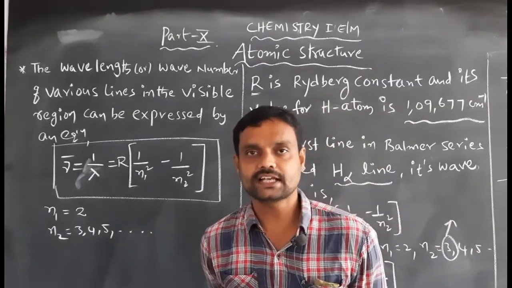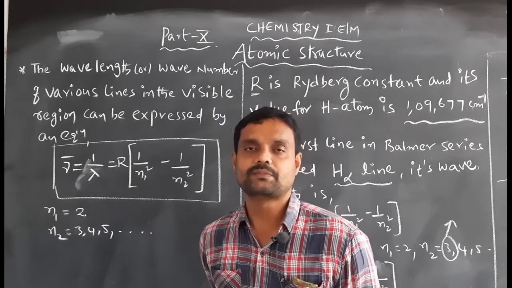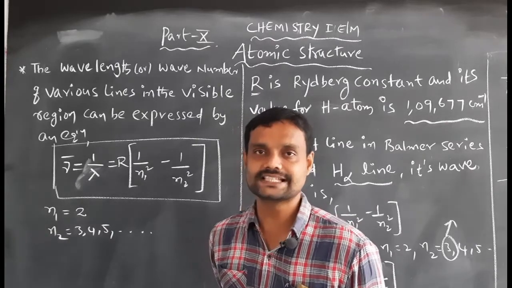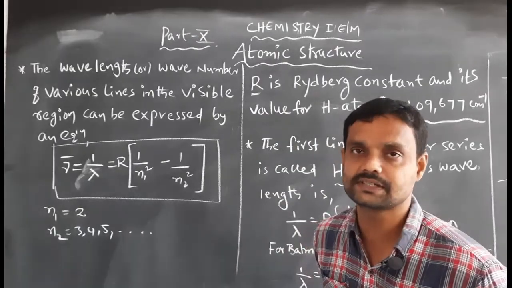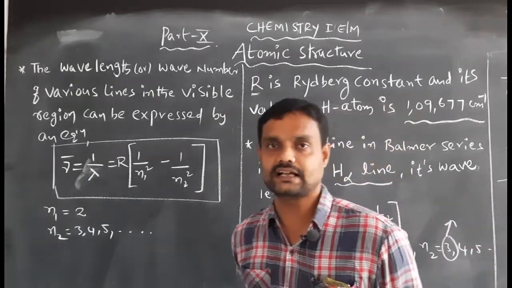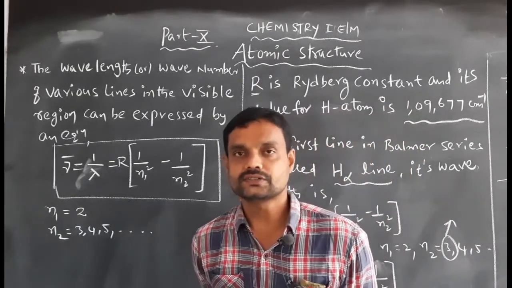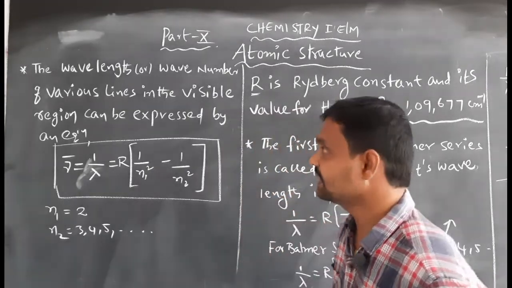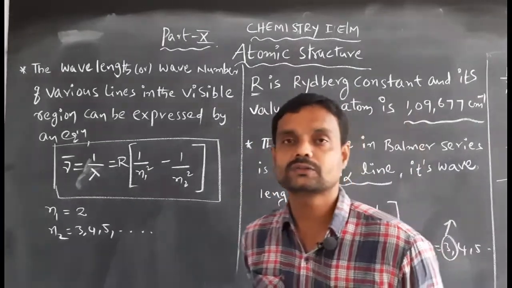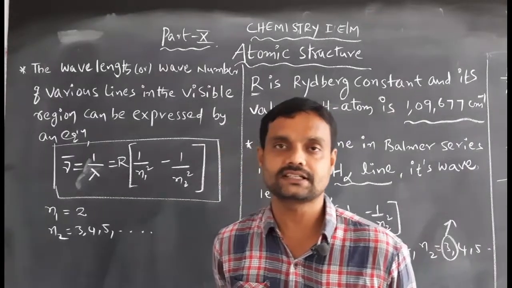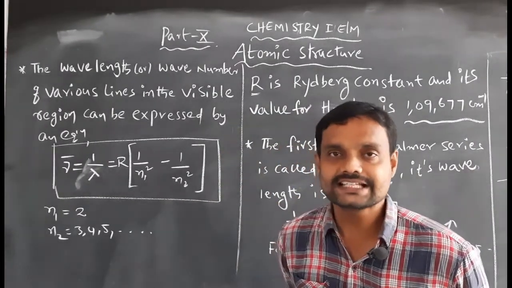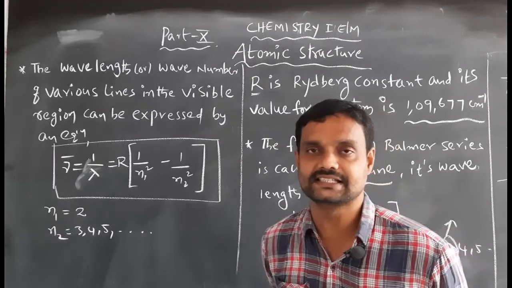Among these five series, the Balmer series is visible. It appears in the visible region, which means it can be seen by the naked eye. Today we are going to discuss how the wavelength or wave number can be calculated for the different lines present in the Balmer series.